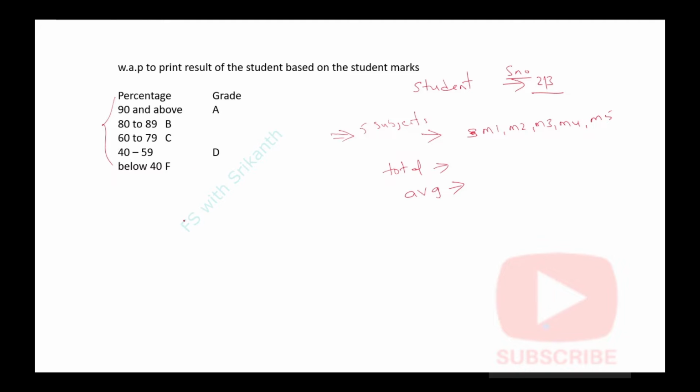Suppose the logic when the student fails: if the student gets 0 marks in any subject like M1, M2, M3, M4, M5, then automatically we consider he is a fail.